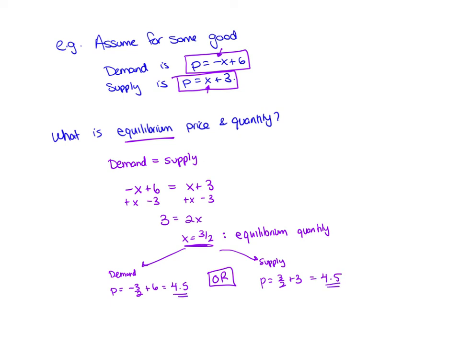Either way, that 4.5 gives us that equilibrium price. So I can find both the equilibrium quantity, 1.5 or 3 halves, and the equilibrium price, 4.5.